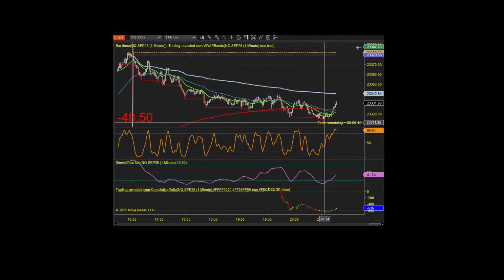And there was a little bit of divergence here. So this came down, but I kind of took a chance hoping it was going to bounce off one of these. Again, the green is the 21, the blue is 50, and the red is 200. So it's running up now.